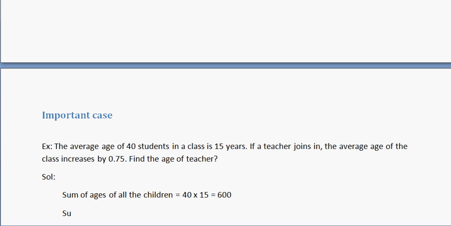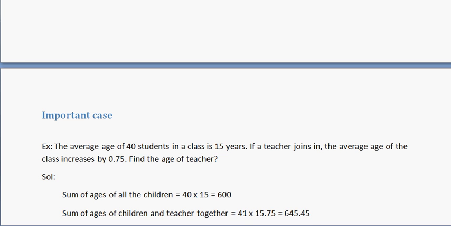Now the sum of ages of children and teacher together, what would it be? Now when the teacher is added, the total number of observations becomes 41, the average is 15.75, right? So this would be it, which is equal to 645, sorry, which is equal to 645.45.